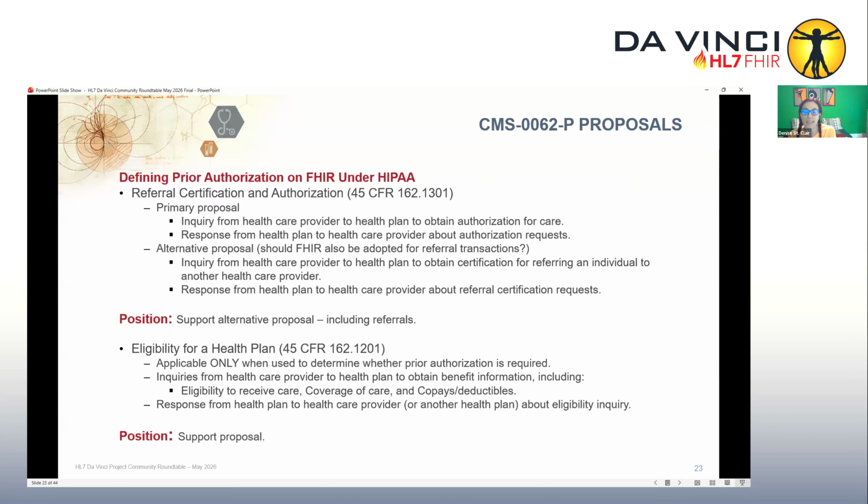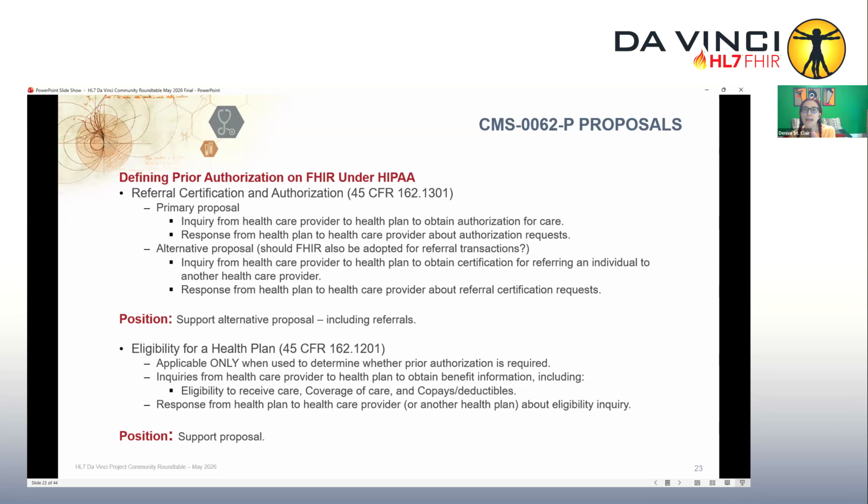A huge piece of this puzzle is moving away from the impacted payers. So not just the Medicare Advantage organizations, Medicaid and CHIP managed care and fee-for-service, and QHP issuers on the qualified or federally facilitated exchanges. This now moves to HIPAA. And so this is everyone, every covered entity under HIPAA.